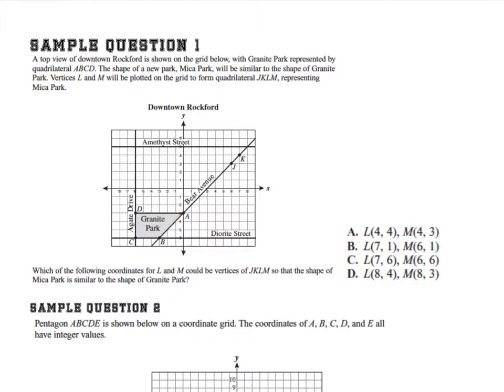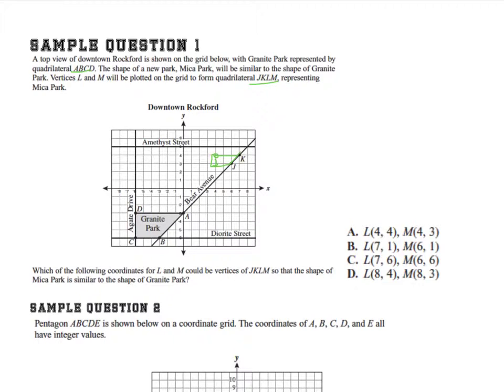So I'm going to start by plotting the first answer choice, which is 4, 4, and 4, 3, which looks like that shape would be similar to that of Granite Park, but I have to remember that because they set me up this way, this actually has to be a flip of some sort. So I don't think that's going to do it.